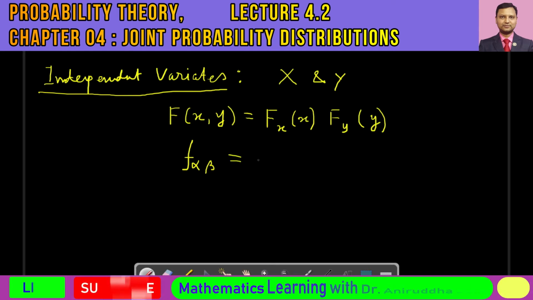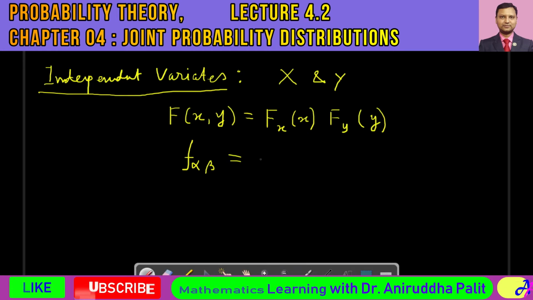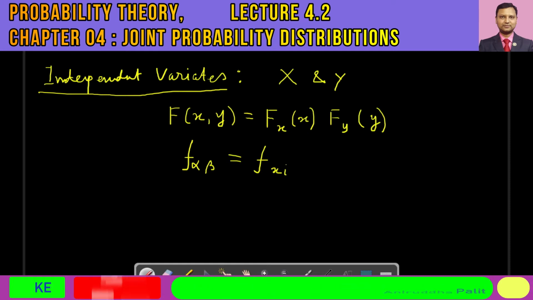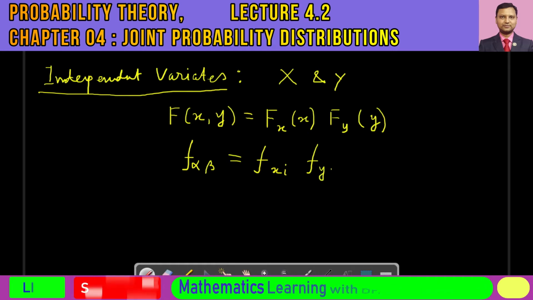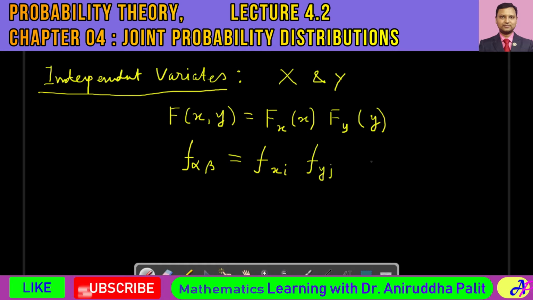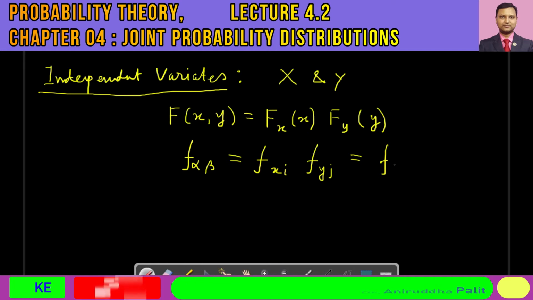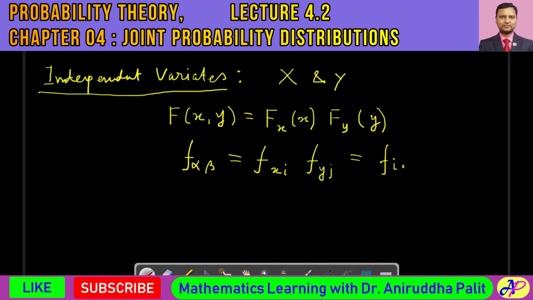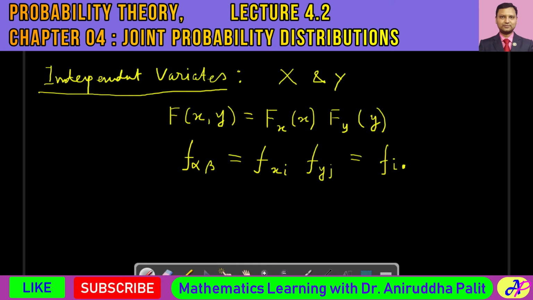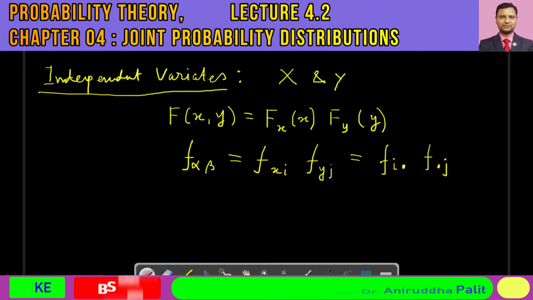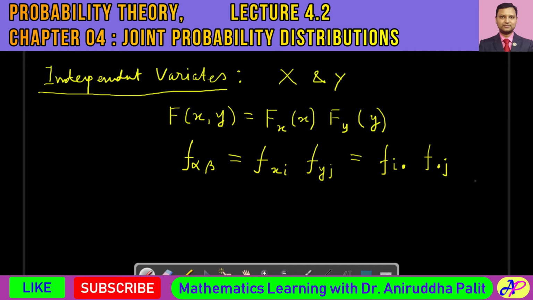We say that x and y are independent if this joint probability mass function can be represented as the probability mass function of x times the probability mass function of y. That is one representation, or you can also write it as f i dot, which is the probability mass function of x, multiplied by f dot j. So this is the second representation.